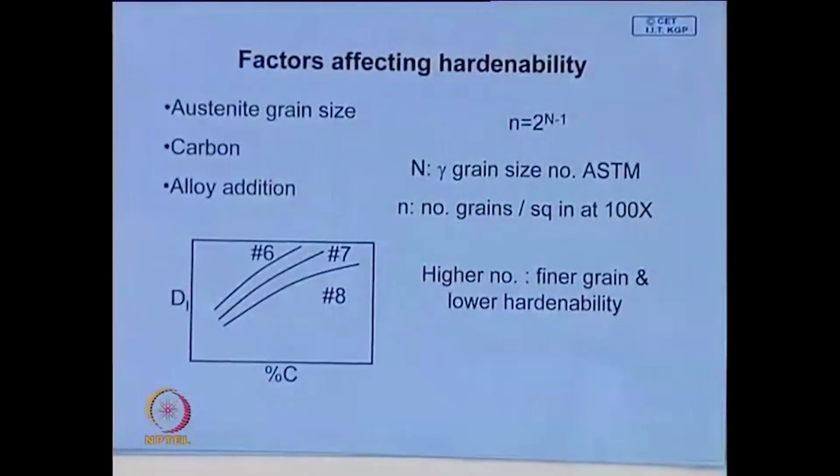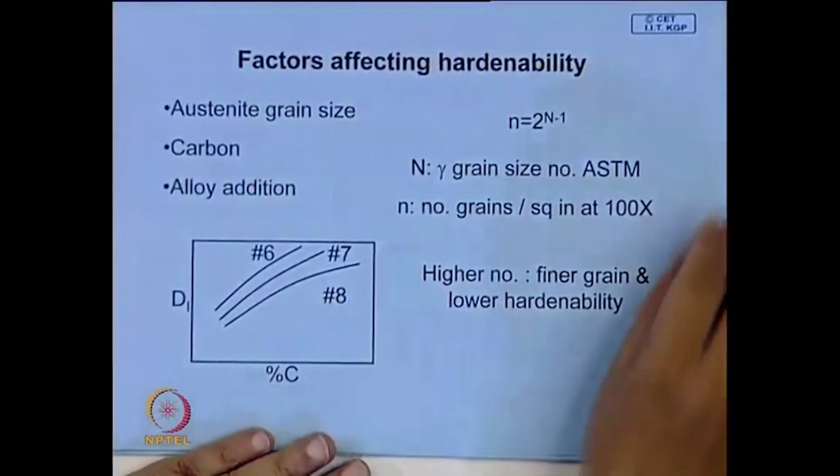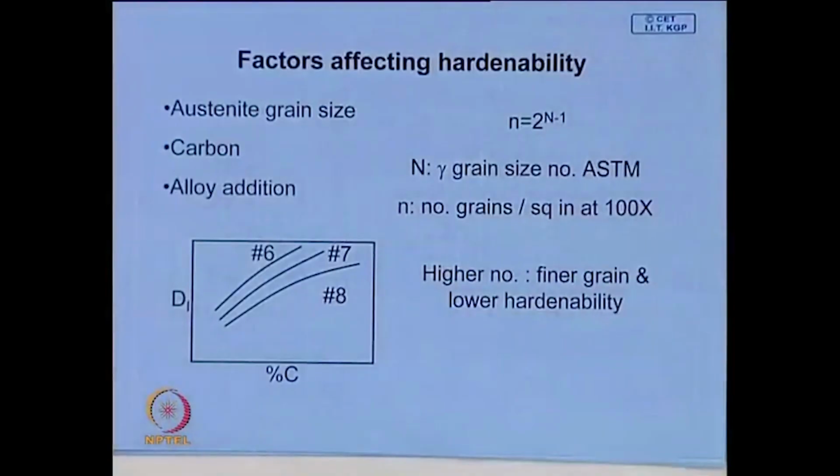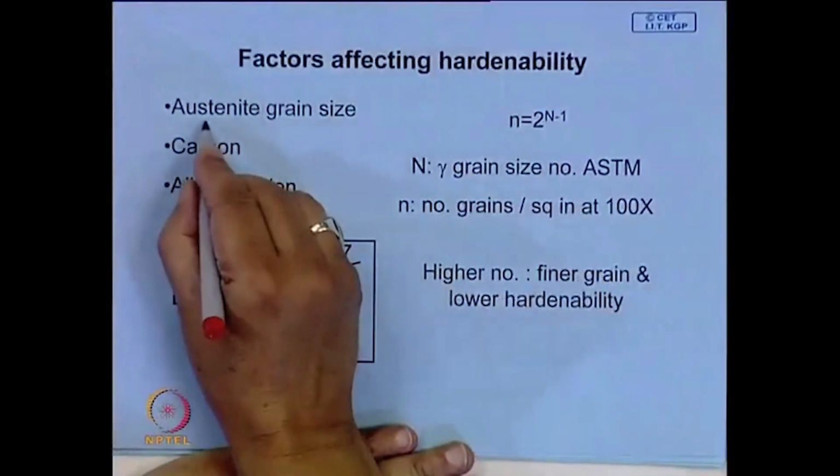And now, a point about the factors that determine hardenability of a steel. What are the factors? We just mentioned that one important factor is the austenite grain size, so let us see what these factors are and how you determine them. One way is the austenite grain size.